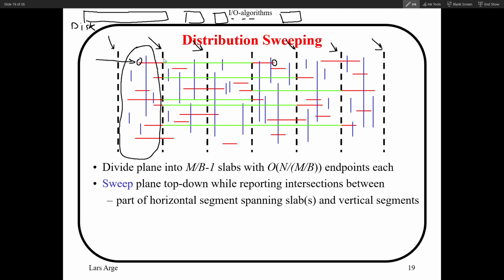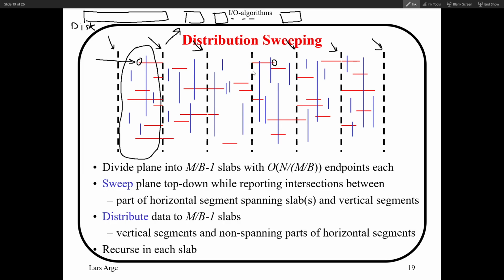So when I do this splitting, I only split the endpoints and not the middle part. Basically I delete the green parts of all the horizontal line segments, then I do this kind of splitting. So when I split the input into these chunks, I split them without the green part of the horizontal line segments, and therefore every horizontal piece can go into exactly one subproblem.